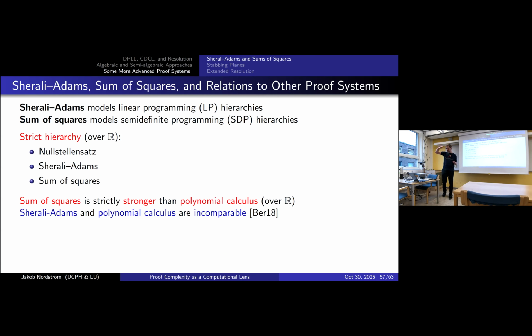Over the reals, you have a strict hierarchy from Nullstellensatz being less powerful than Sherali-Adams, being less powerful than sum of squares. Over R, over the reals, sum of squares is strictly stronger than polynomial calculus, whereas Sherali-Adams and polynomial calculus are incomparable. And all of these results are in a very nice paper by Berkholz.